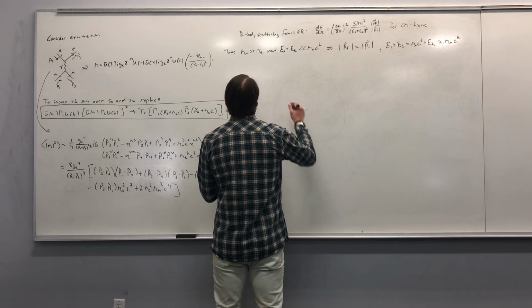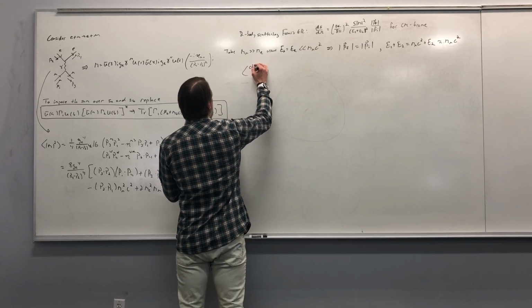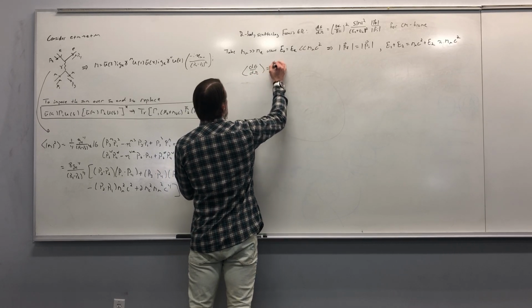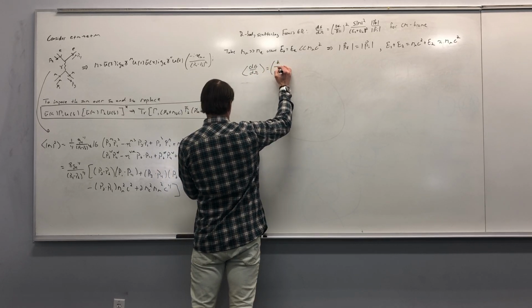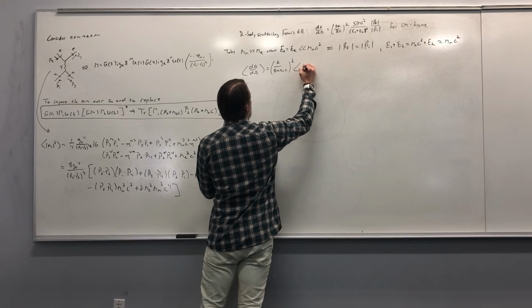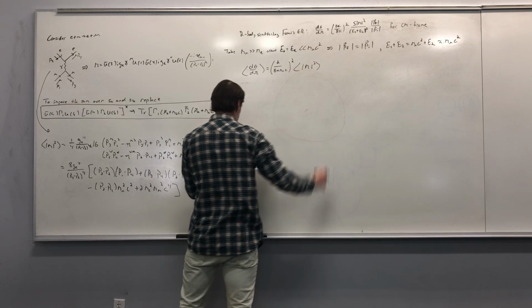Okay? All right, so now we can say that the average dσ/dΩ is going to be ħ over 8π m_mu c squared times the average of |M| squared.